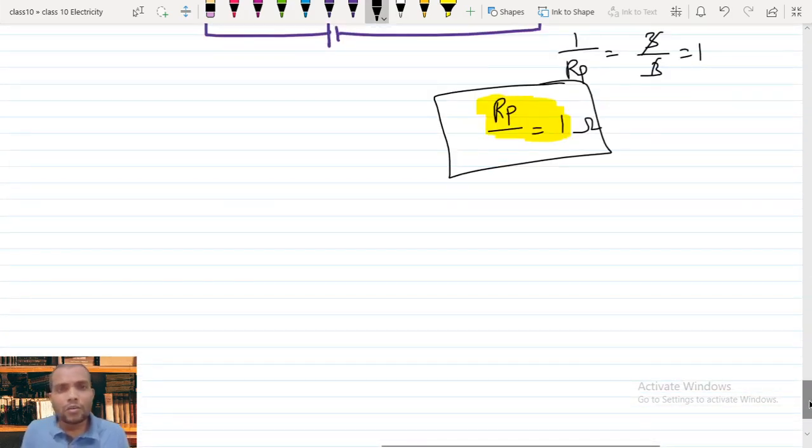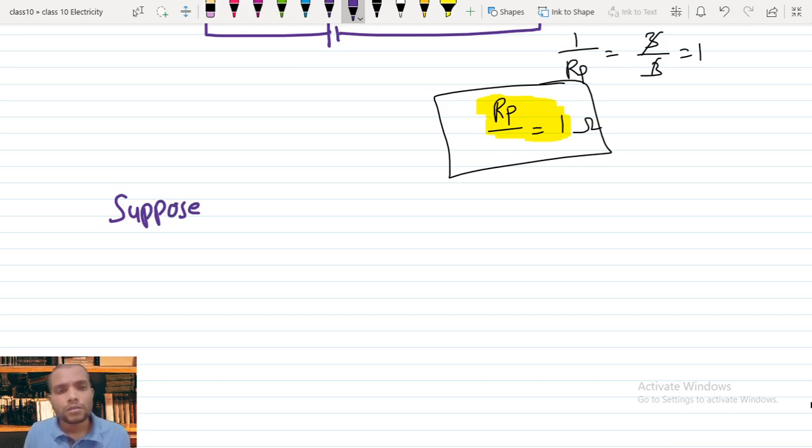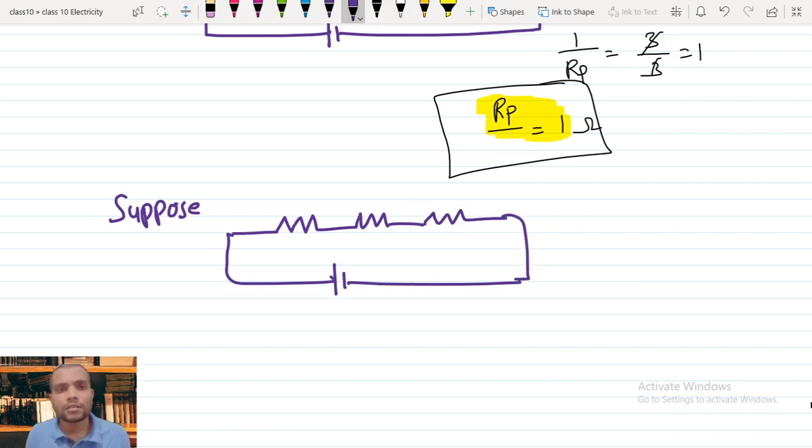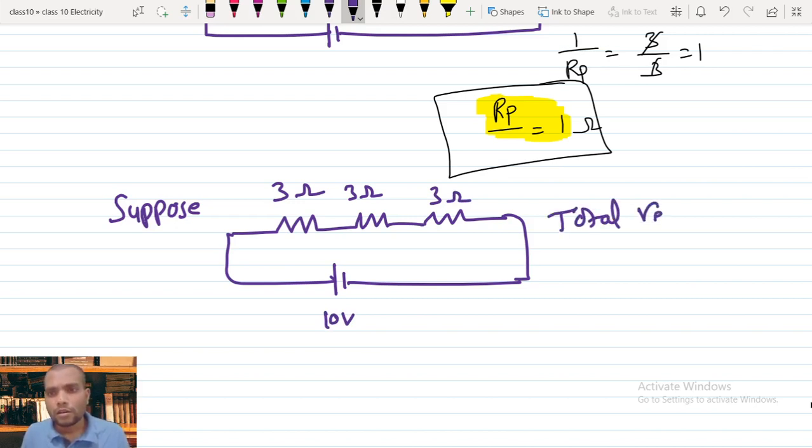Or you can make one more observation. Compare: suppose the three resistors are connected in series this time, not parallel. Now three resistors are connected in series: 3 ohm, 3 ohm, 3 ohm. Let me give a 10 volt supply. Calculate the total resistance of the circuit.